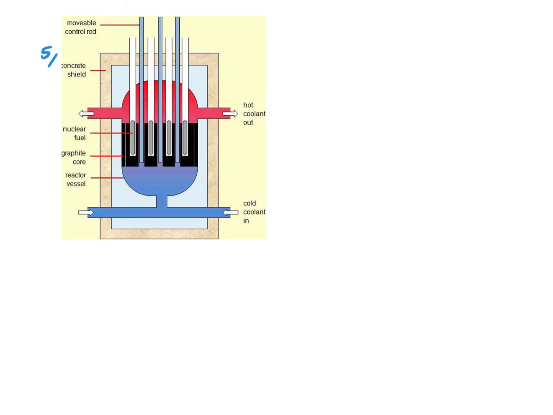I don't think you would be expected to draw something like this from scratch, so it's quite likely that we maybe give you this and ask you to comment on maybe even just one or two parts of it. But we'll go through the main parts. Okay, so the fuel rods.